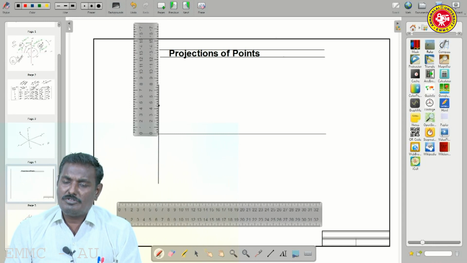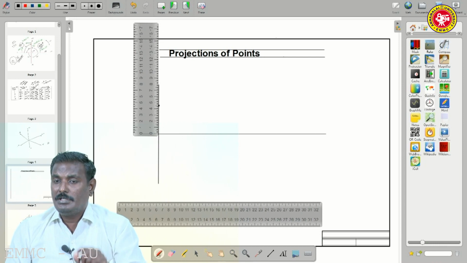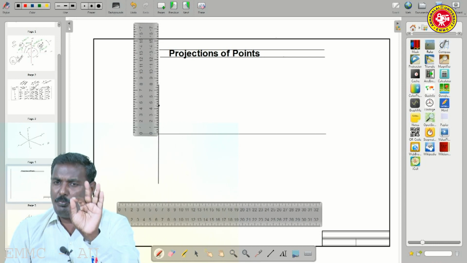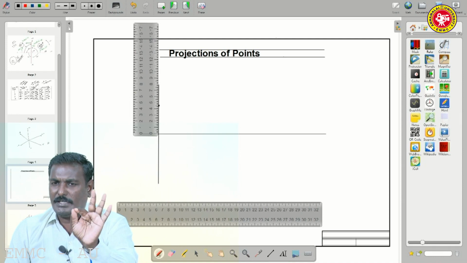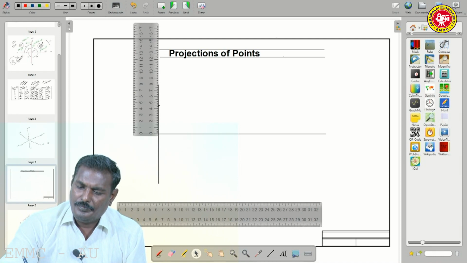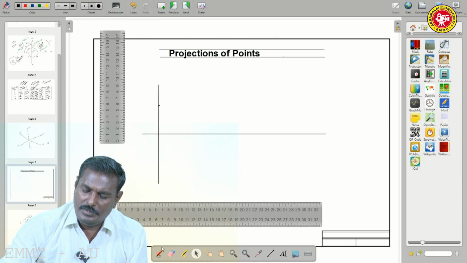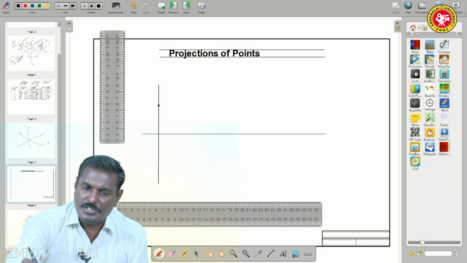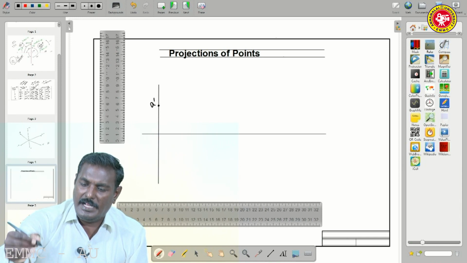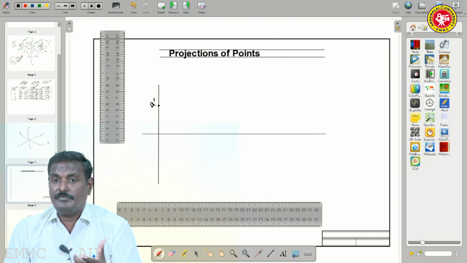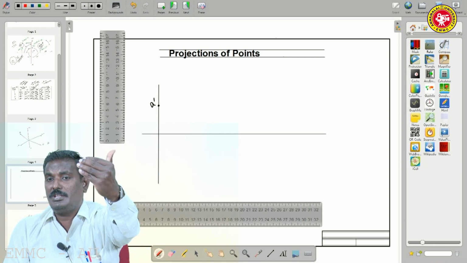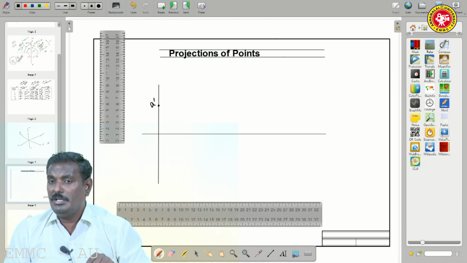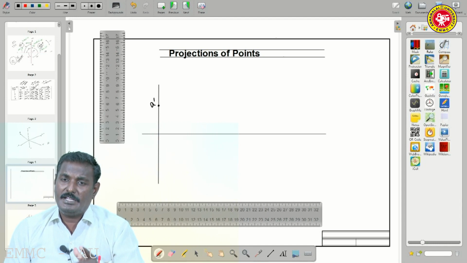So on the scale, you have to measure the point from here. Here the important thing is the point, so you have to put it dark. That is A dash, the elevation 45 mm above HP. Now we represent A dash.